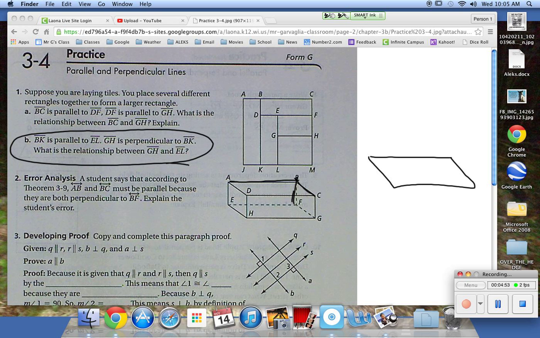It's parallel on a plane. It's different when you look at it three-dimensionally. If I say on a plane, this plane is all one sheet right here, and I say this edge right here on the plane is parallel to this one.